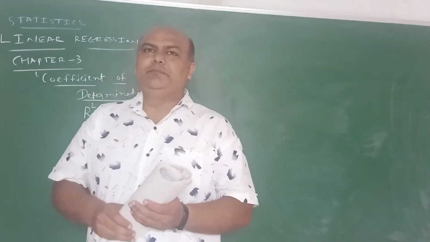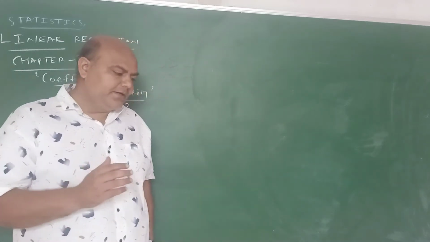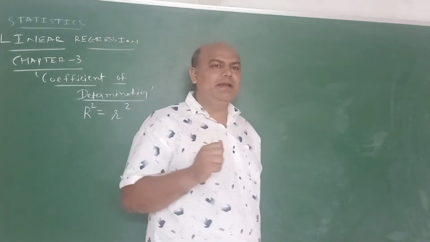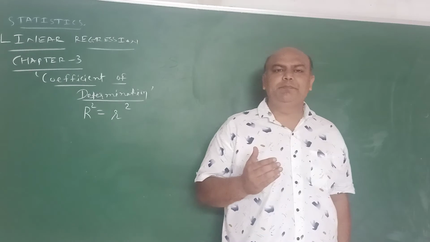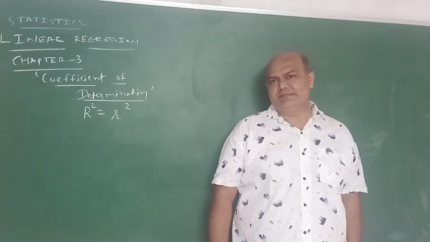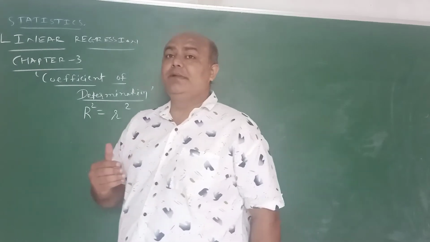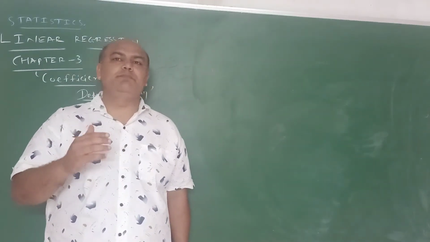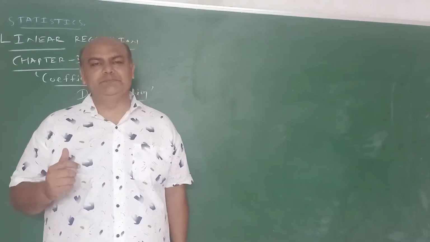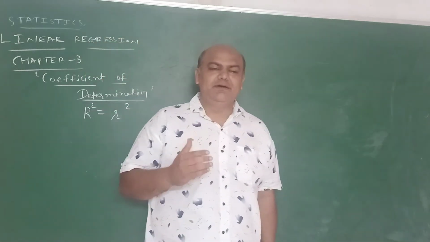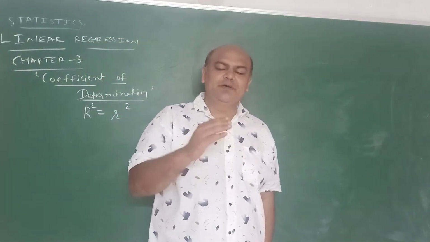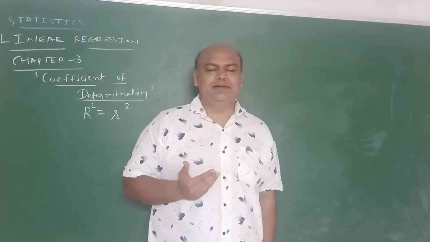As we all know, regression is a mathematical functional relationship between the two variables by which the dependent variable can be found out with the help of the independent variable. There are two variables, one is a known variable, one is an unknown variable.